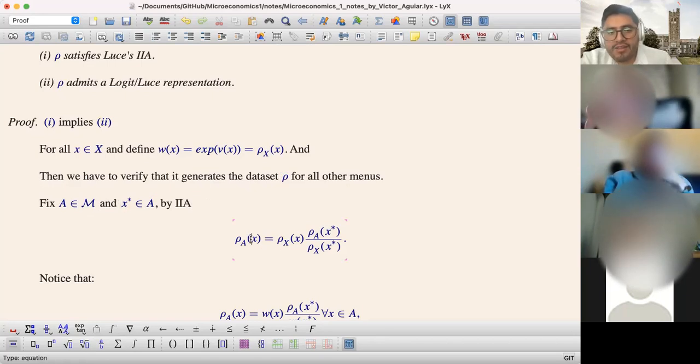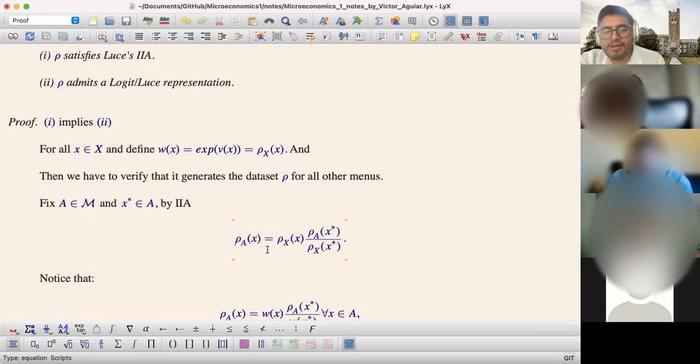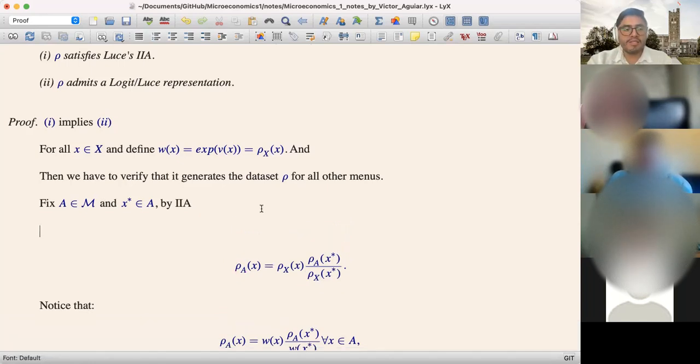IIA tells me that the probability of x in the menu A divided by the probability of x star in A is equal to the probability of x in this grand menu X divided by the probability of x star in X. So remember, this is IIA.